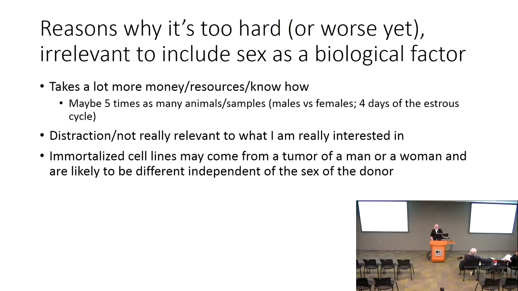Okay, immortalized cell lines may come from a tumor of a man or a woman, and are likely to be different, independent of the sex of the donor. So immortalized cell lines, I think, offer a genuine challenge. Oftentimes, the sex chromosomes are lost. Another thing that happens with immortalized cell lines is, there's this one special tumor that has a particular phenotype, and the original donor is male, right?